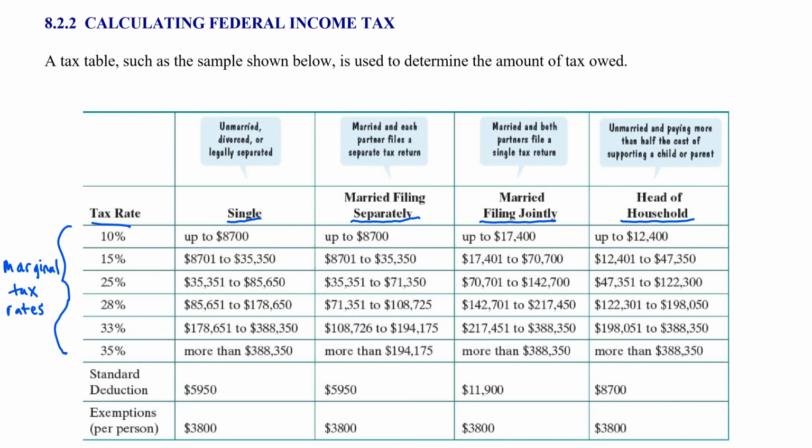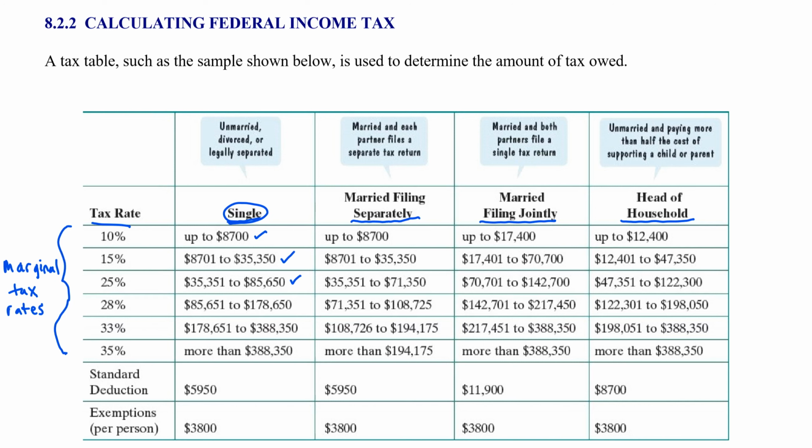So let's focus on the single column here. A person who is single is going to pay 10% on the first $8,700 that they make. Then every dollar earned above $8,700 but still up to $35,350, that chunk they're going to pay 15% on. Then beyond that $35,350 up to $85,650, they'll pay 25%.